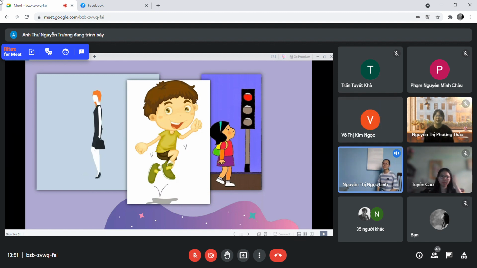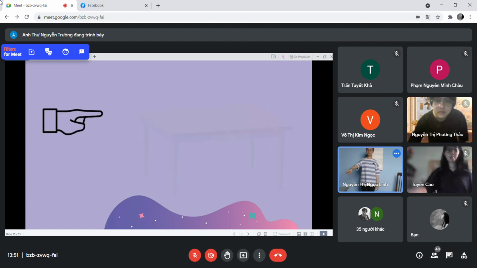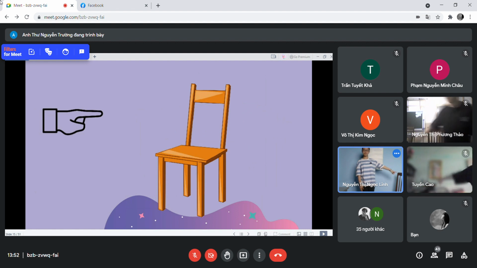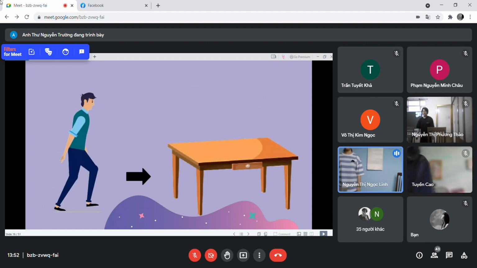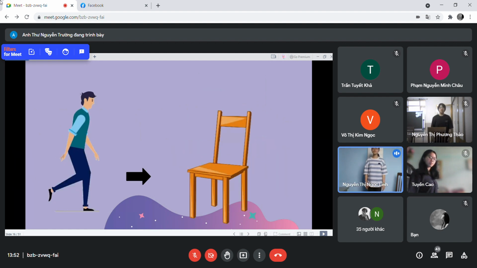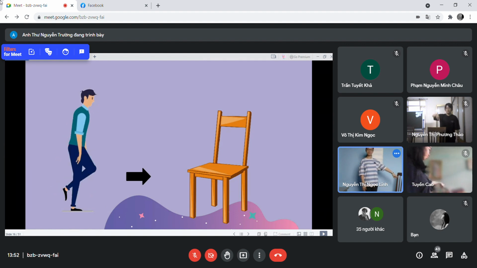Next, two volunteers, Thảo and Tuyền, stand up. Follow me. Point to the desk. Yeah. Point to the chair. Okay. Point to the desk. Walk to the desk. Yeah. Walk to the chair. Good. Point to the desk. Point to the chair. Walk to the desk.